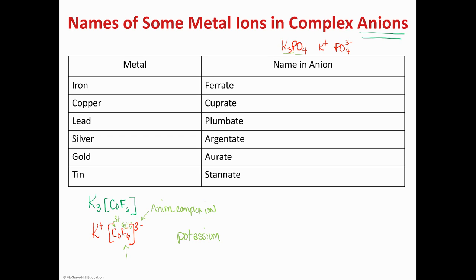And then now I'm going to do my thing. I have 6 fluoride ions, but we call that hexafluoro, because remember from the previous slide, that's the ending. Cobalt. And then here's the only weird part: when they're in an anion, they go to ATE. So when they're an anion, they end in the ATE ending.